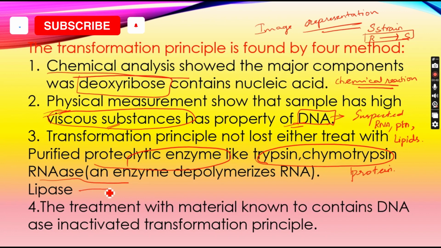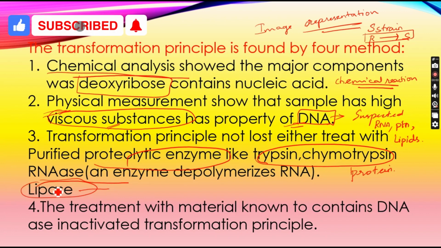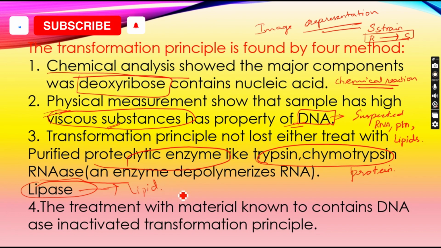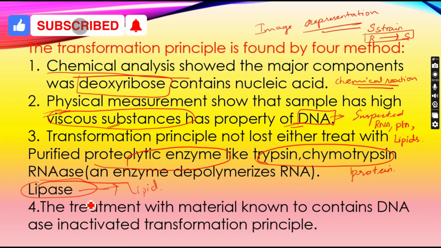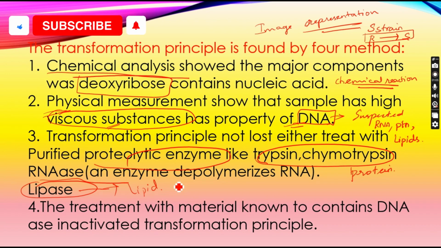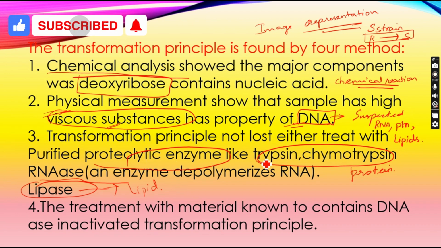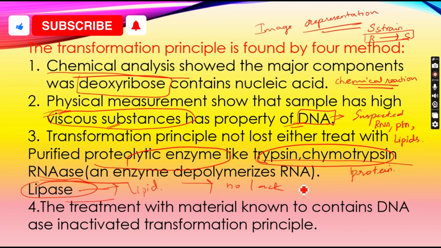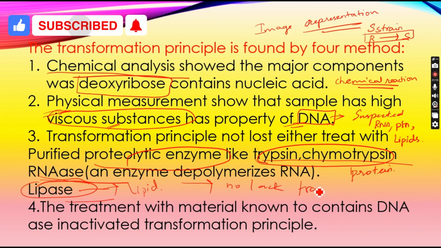Then it was treated with lipase. If the genetic material is lipid, it causes a lack of transformation principle after the lipase is introduced to the components. But even when it was treated with trypsin, chymotrypsin, RNase and lipase, there is no lack of transformation principle.